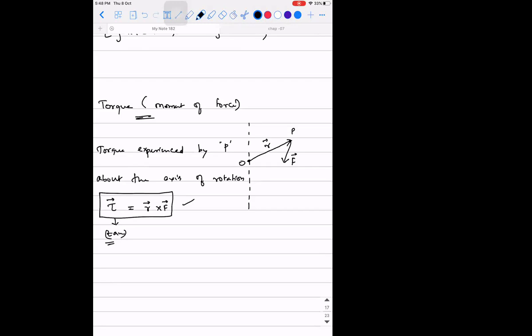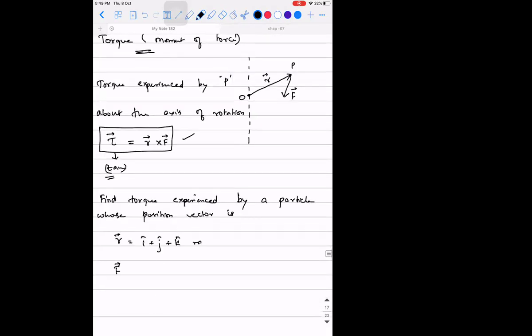See, suppose they put a question like this: find torque experienced by a particle whose position vector r vector is equal to I cap plus j cap plus k cap meter, and F vector, the force experienced by it, is 2i cap minus 3j cap plus 5k cap Newton.